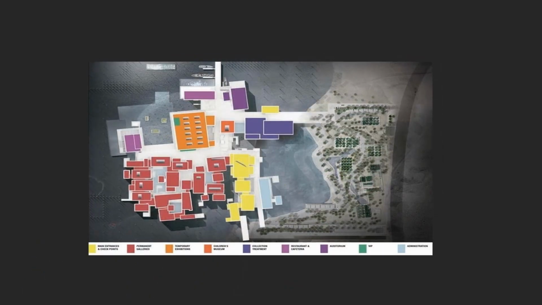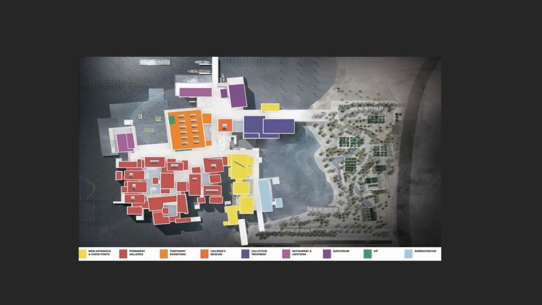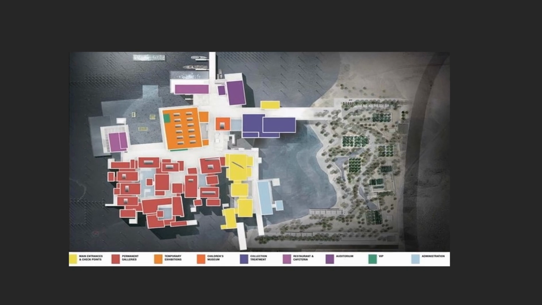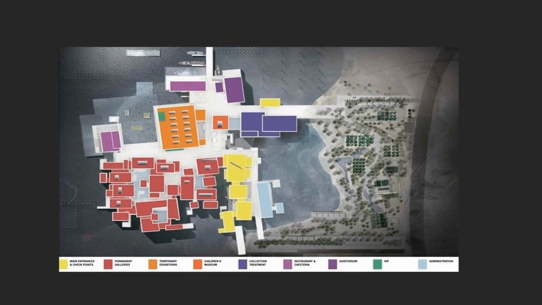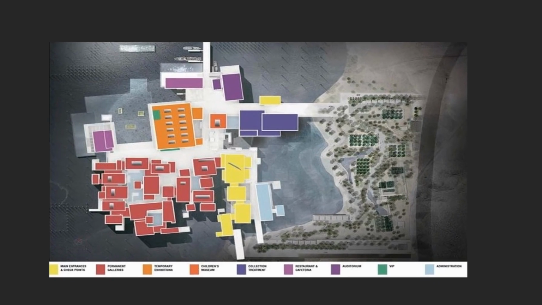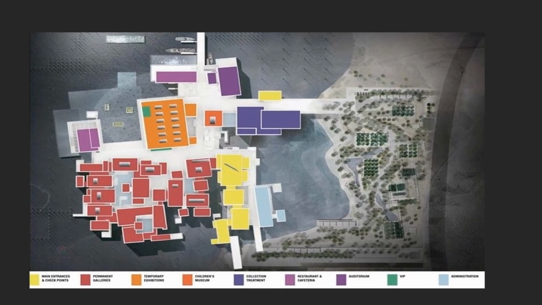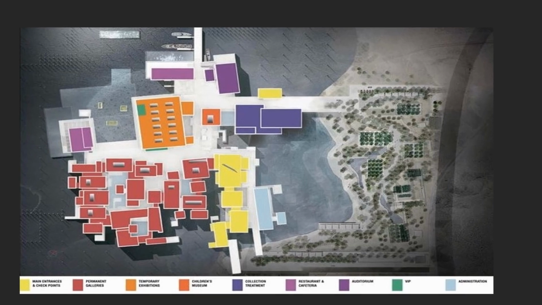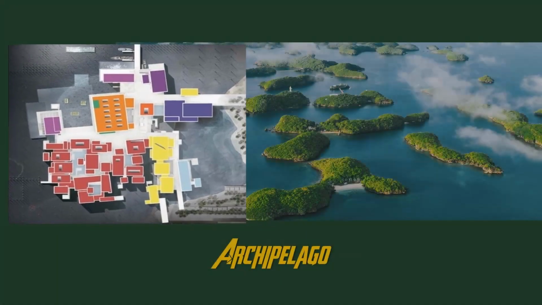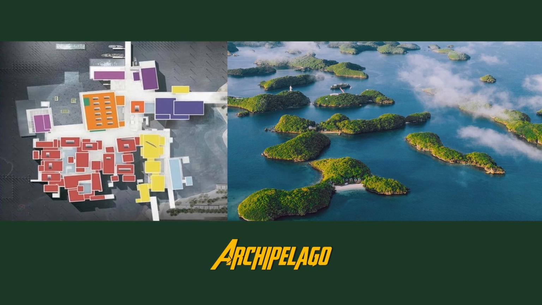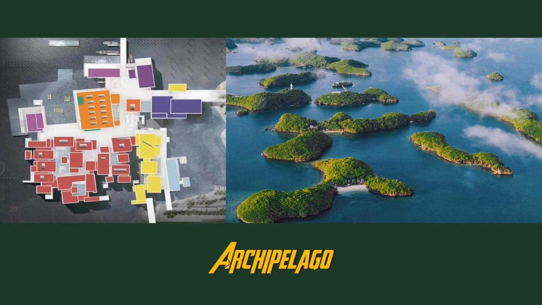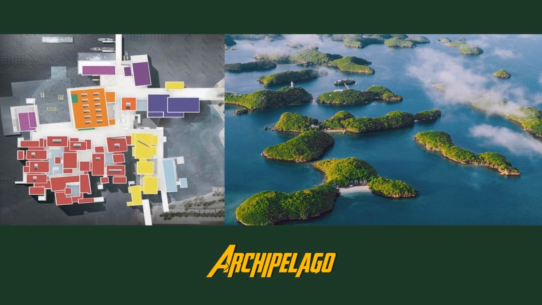There are a total of 55 buildings inside the dome, and they are divided into exhibition spaces, cafeterias, educational spaces, and management spaces. These buildings are designed like islands on the sea, which were conceived as an archipelago.